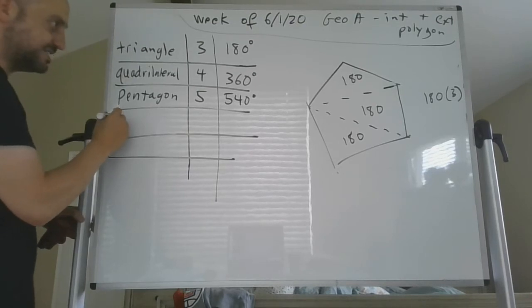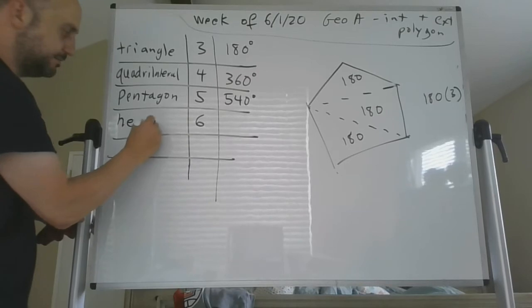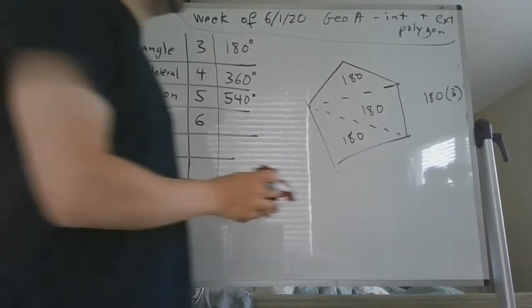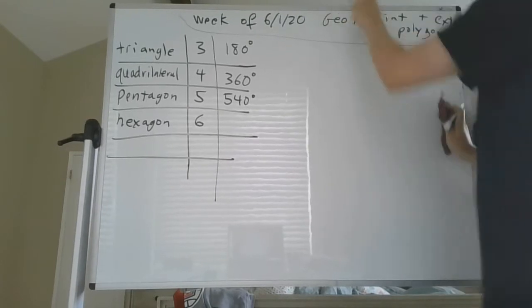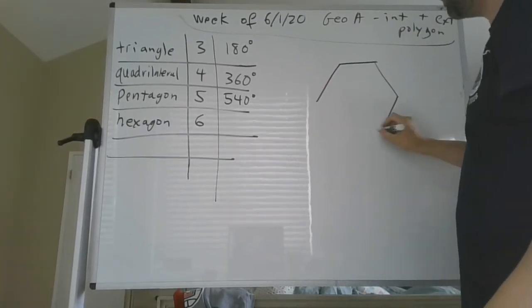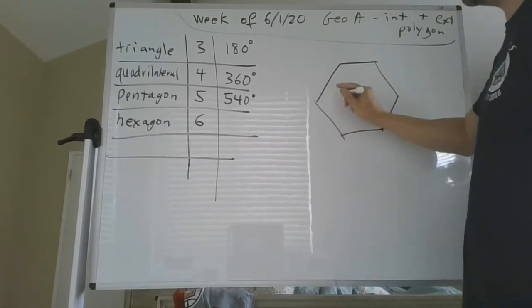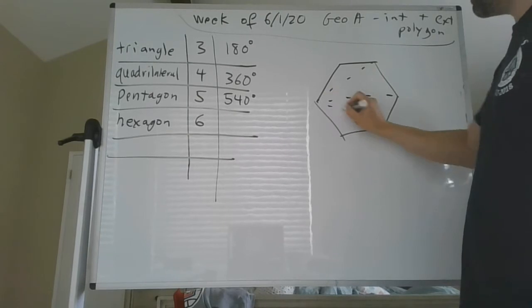After a pentagon, we have a 6-sided shape, and the 6-sided shape is called a hexagon. All right, let's try a hexagon. 1, 2, 3, 4, 5, 6. Okay, hexagon. Let's play the game. From there to there. From there to there. From there to there.